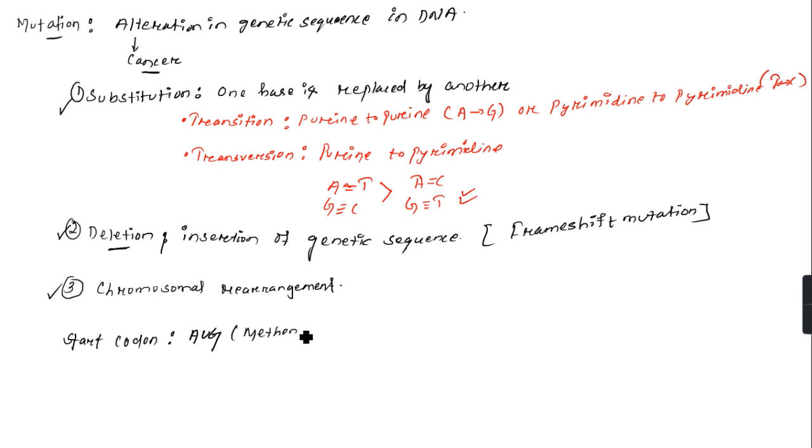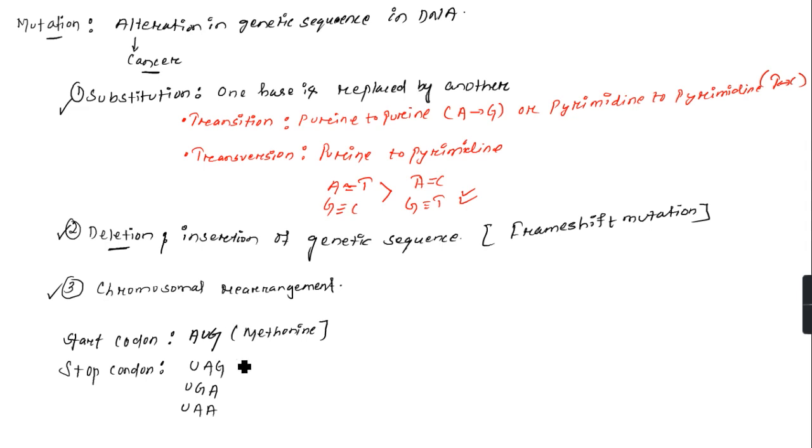So the methionine amino acid acts as a start codon. Okay, stop codons: basically we have three stop codons, that are UAG, UGA and UAA.